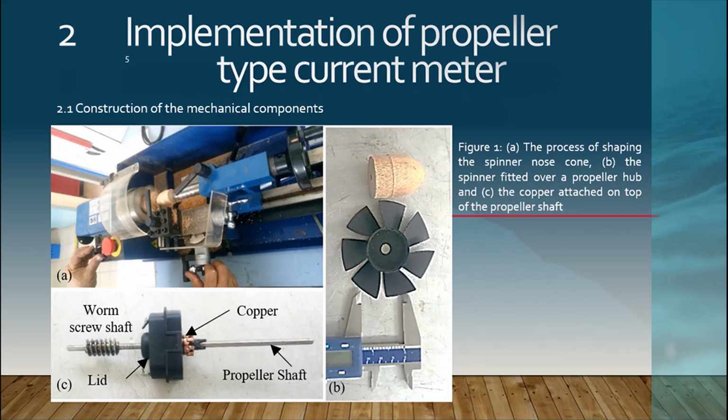It fitted the propeller hub, and the worm screw shaft was screwed into the spinner that attached together with the propeller hub.